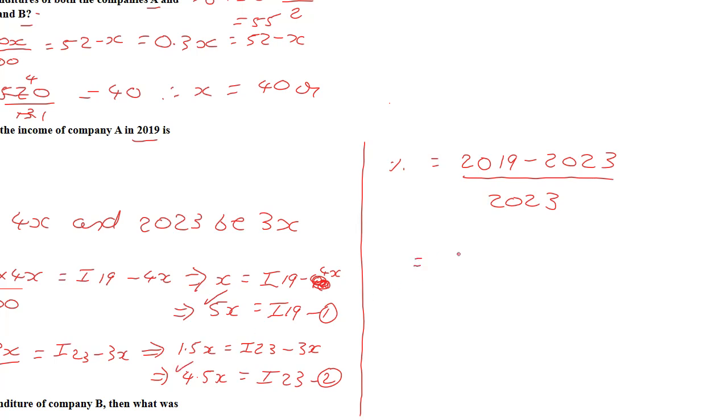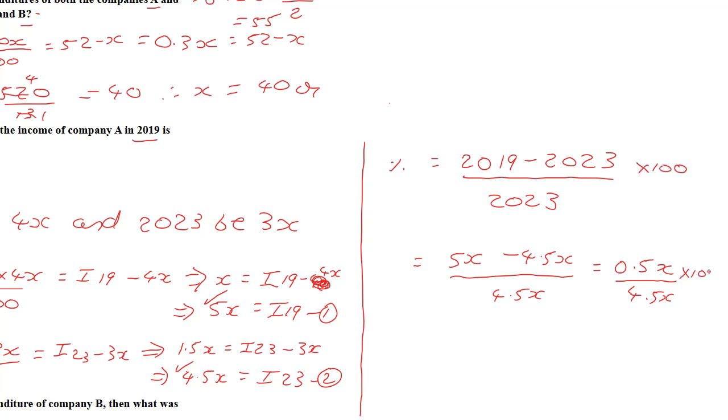So we simply substitute. We have 5x minus 4.5x upon 4.5x, which is equal to 0.5x upon 4.5x. Keep in mind that when we're calculating percentage, we also multiply by 100.